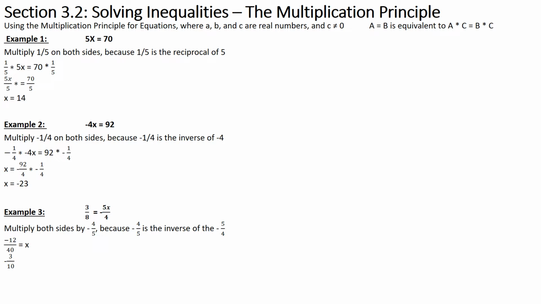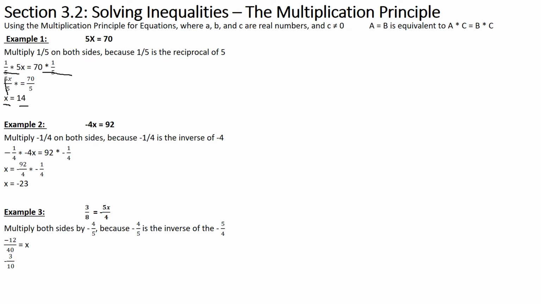I want to turn 5x into x, so multiply both sides by 1/5. That ends up being 5x over 5, the 5's cancel, and I'm left with x. On the right, that's 70 over 5, which is 14. So x equals 14.